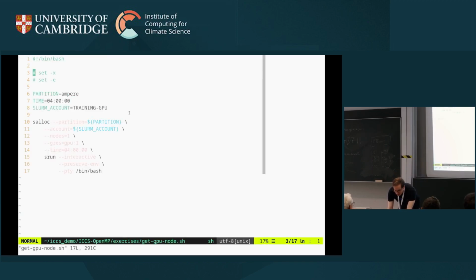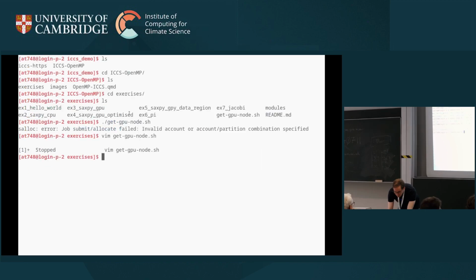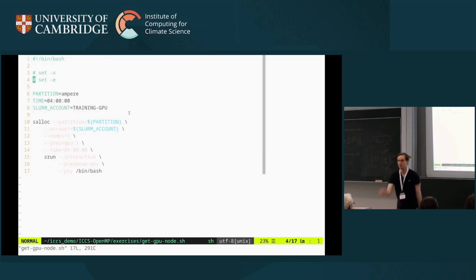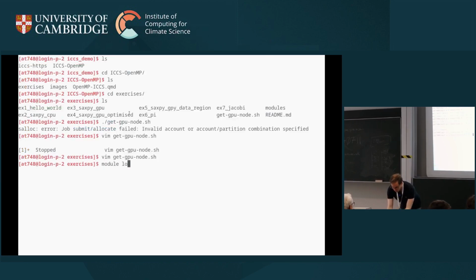Doesn't work, something's broken. Someone's queued? You guys were queued? Okay, so it doesn't work for my account. Actually, module load: if I load the right version of Slurm, it should work for me.